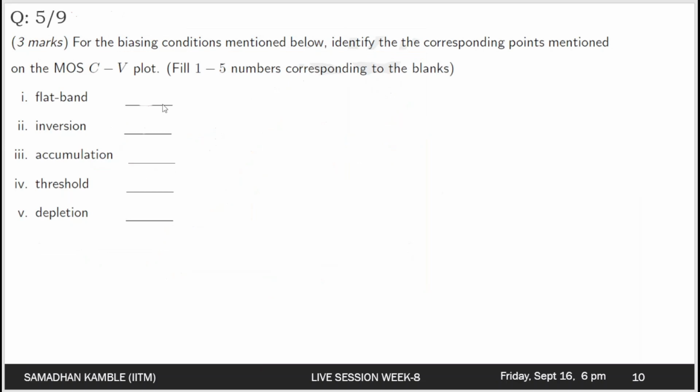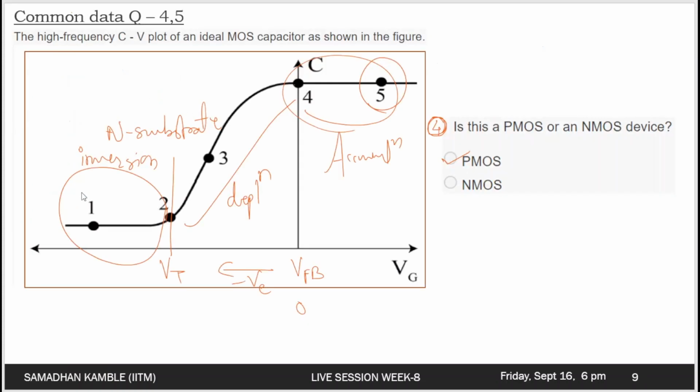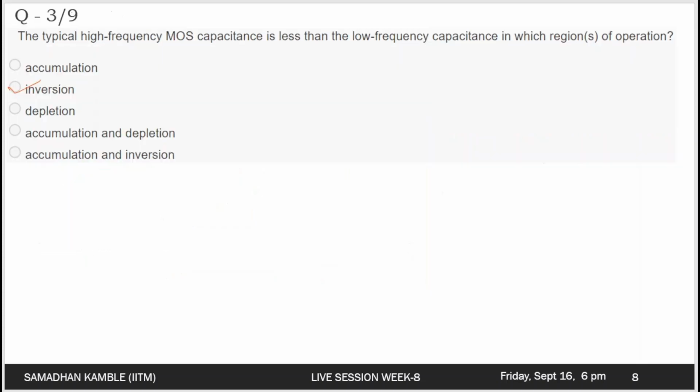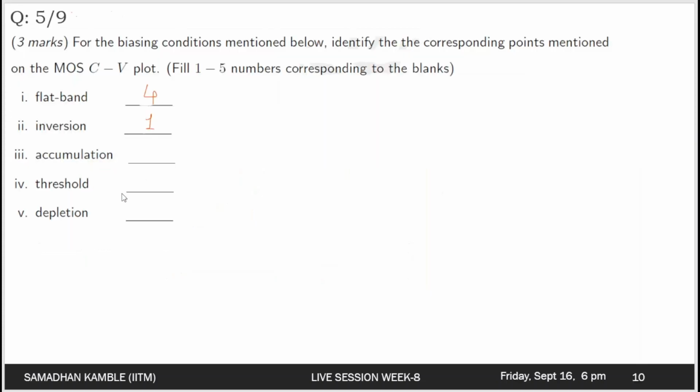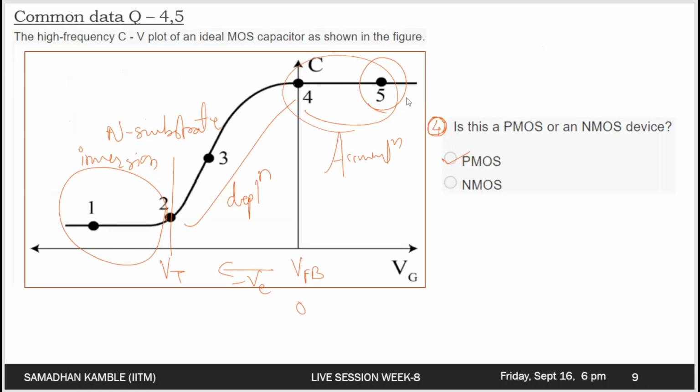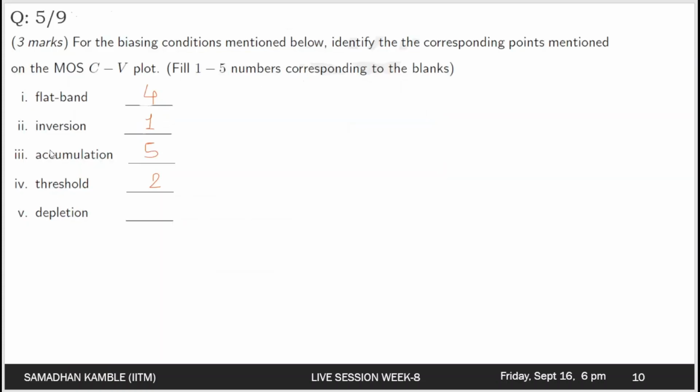So the fifth point is, let us do it here. Okay, so the flat band voltage is at 4, inversion region is at 1, inversion happens at threshold voltage, which is at 2, and the accumulation is at the fifth point, accumulation, and the last is depletion.